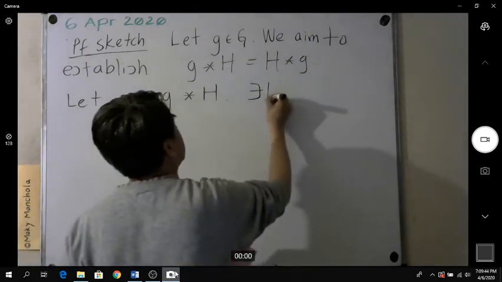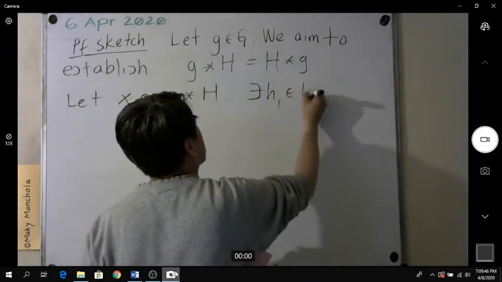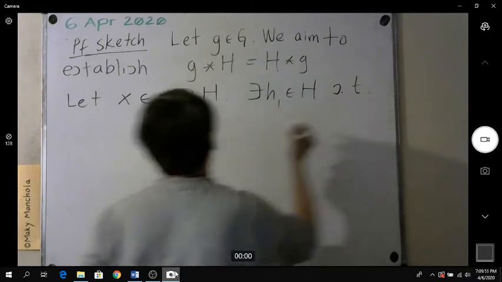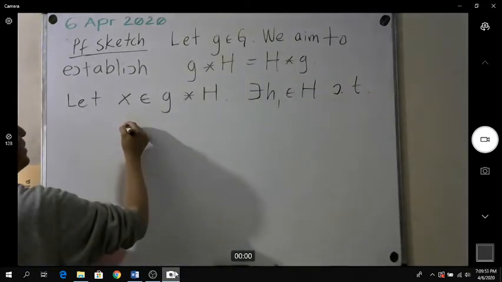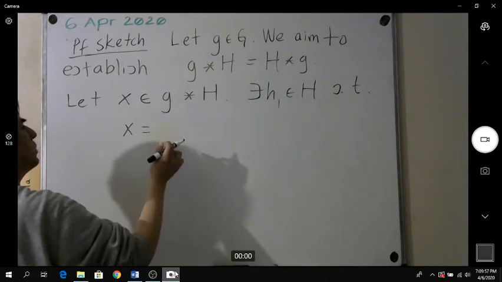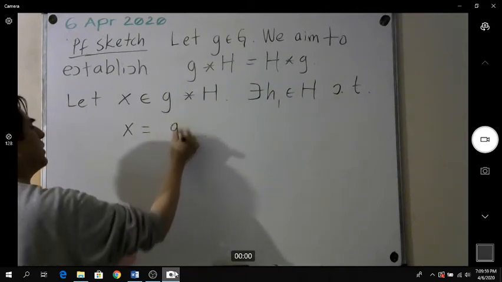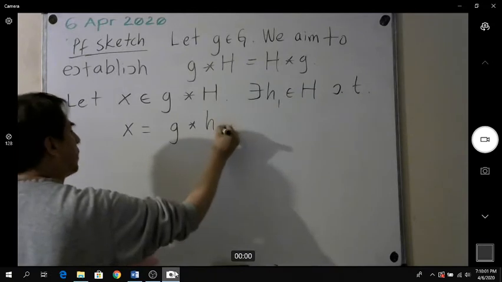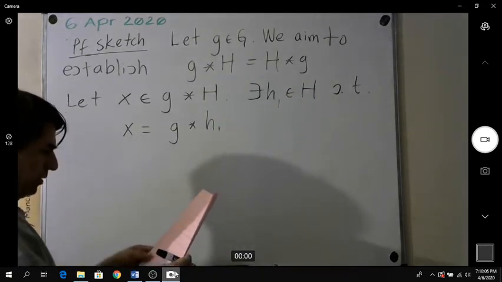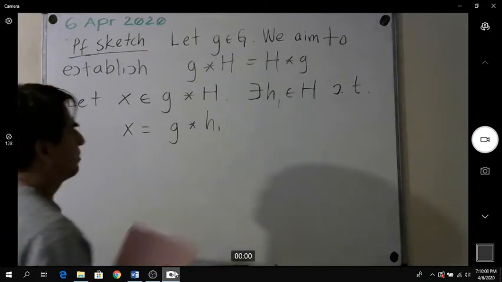So there exists an element h1 of H such that x equals g star h1. Very simple.